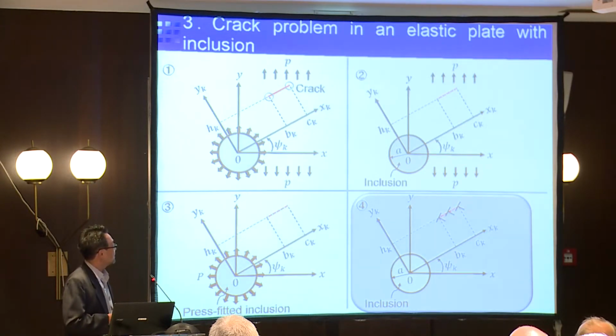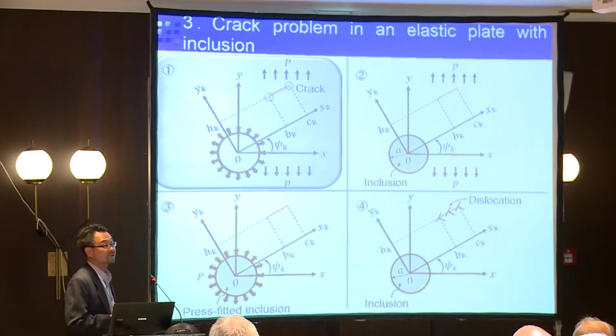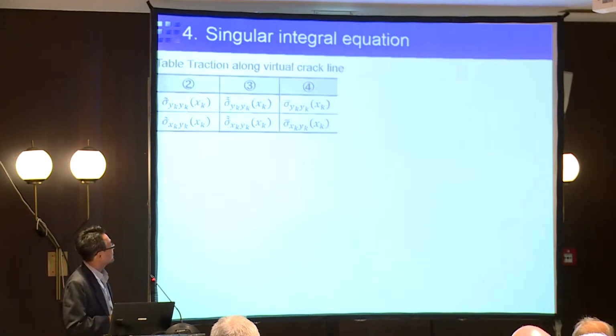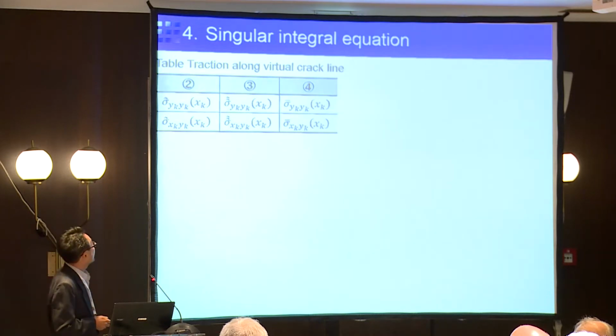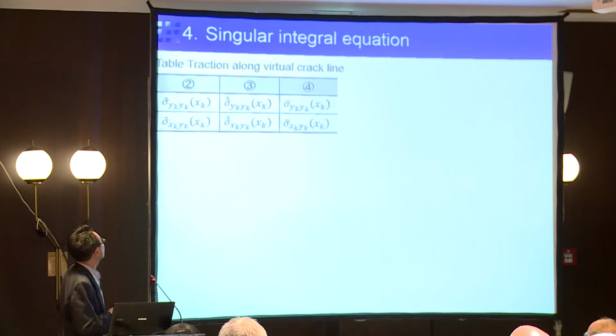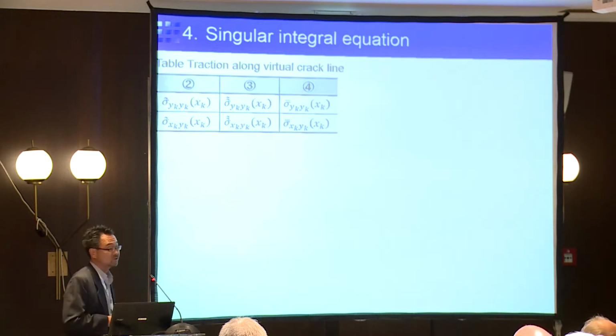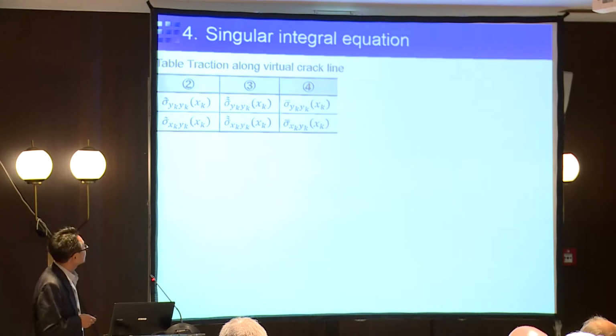By taking a summation of the auxiliary problems, we have the stress field and the stress intensity factor for these cases. Consequently, the tractions around the crack line can be derived from here. For example, this line indicates the solution for the first auxiliary problem, the second line indicates the second auxiliary problem, and the last line indicates the last auxiliary problem solution.